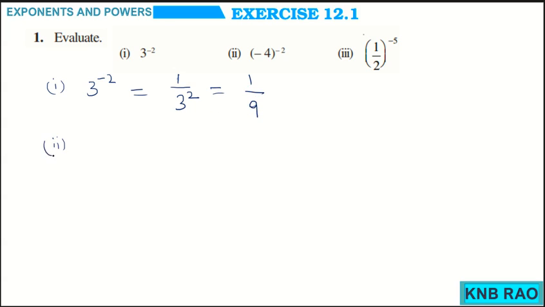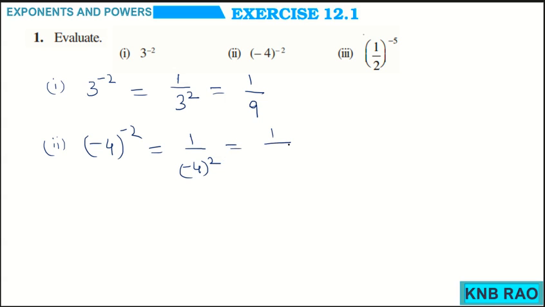Now coming to the question number 2, minus 4 whole power minus 2. This negative power will further be converted into positive form by taking 1 upon minus 4 raised to the power 2.